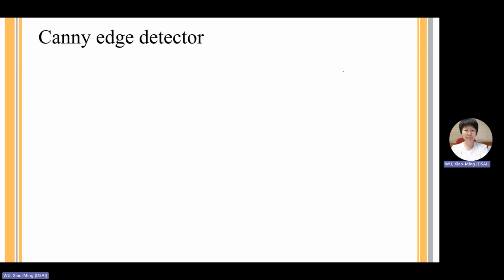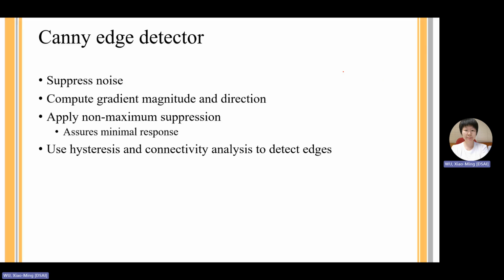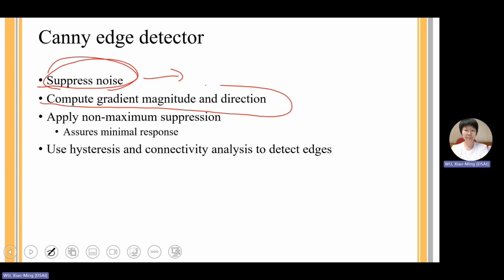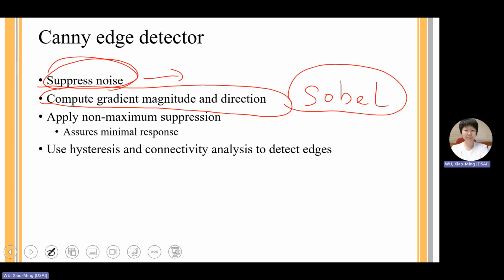So in the Canny edge detector, the first step is optional. You can apply an additional Gaussian filter to suppress the noise. Then you compute the gradient magnitude and direction using the Sobel operator, which is actually the derivative of Gaussian filter.